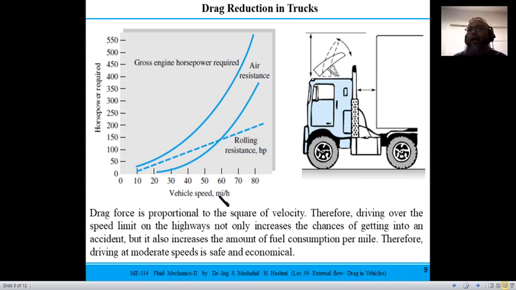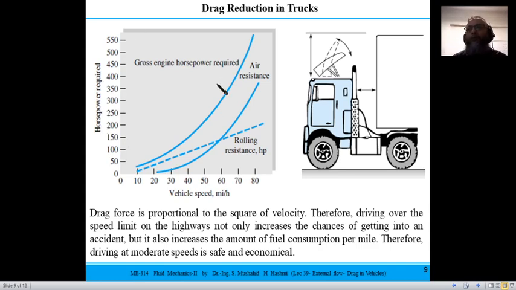If you start with a speed of, let's say, 50 miles per hour and move to 60 miles per hour, the power requirement increases quite sharply. Higher speed means more power consumption, and at lesser speeds the vehicle is safer.